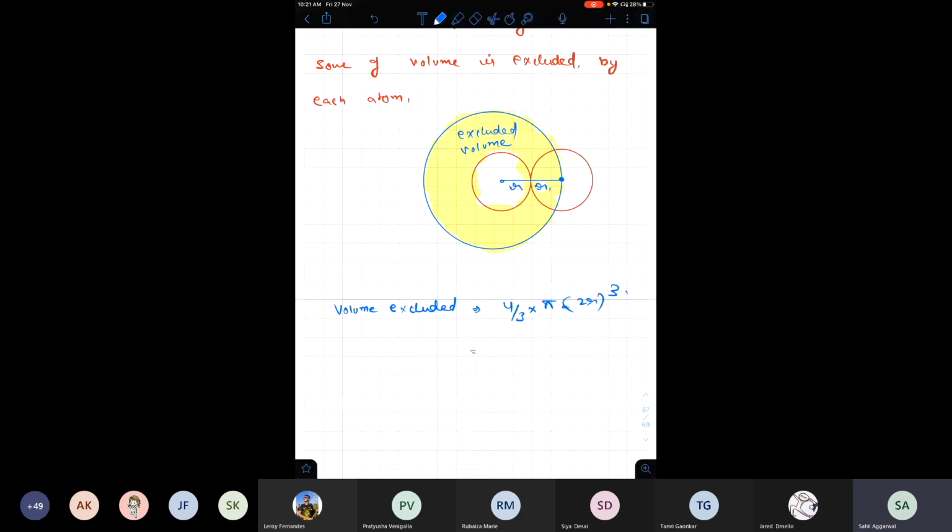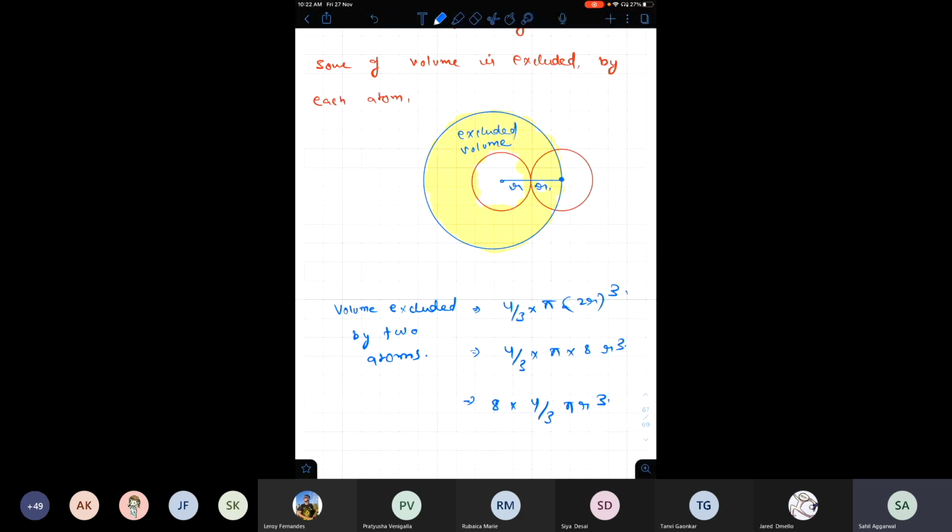That will be 4 by 3 into pi into 8 r cube. That means 8 into 4 by 3 pi r cube. Any doubt till here?